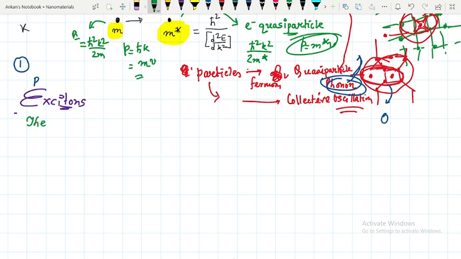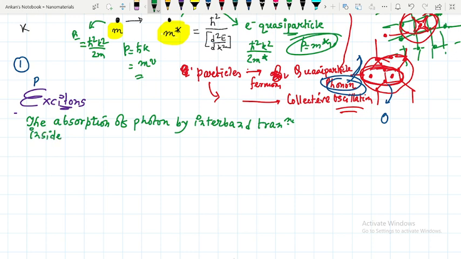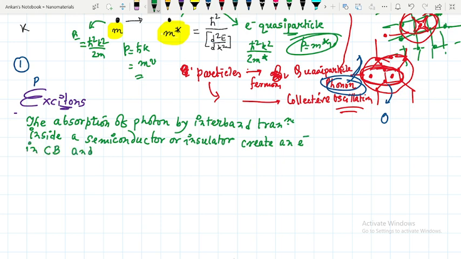Let us write: absorption of a photon by interband transition inside a semiconductor or insulator creates an electron in the conduction band and a hole, or the vacancy of an electron, in the valence band.